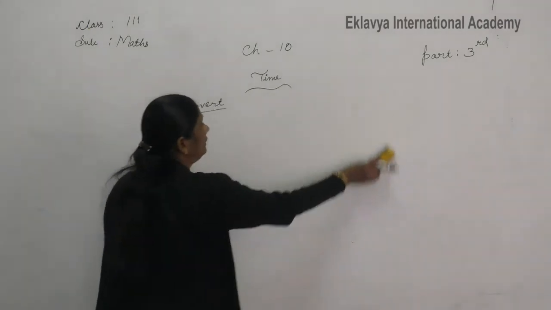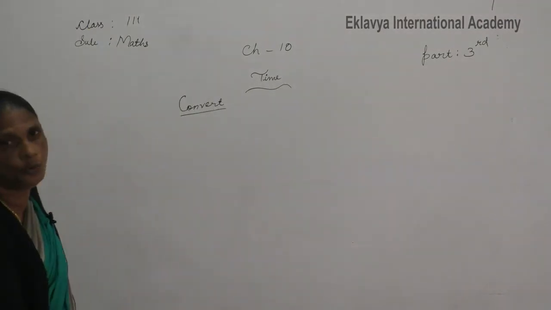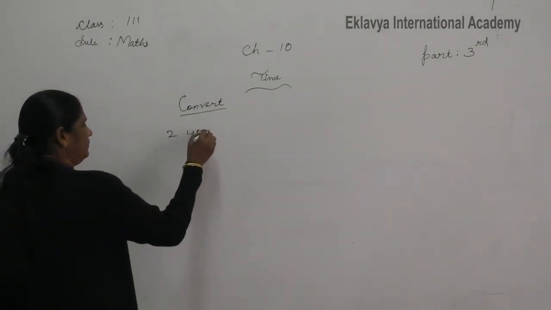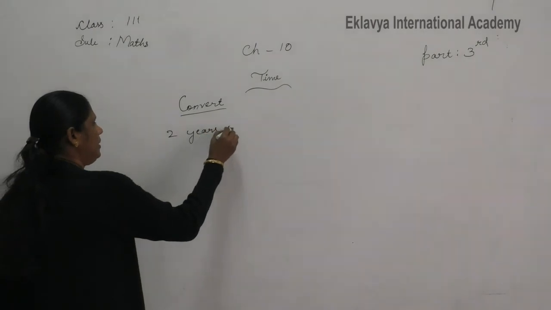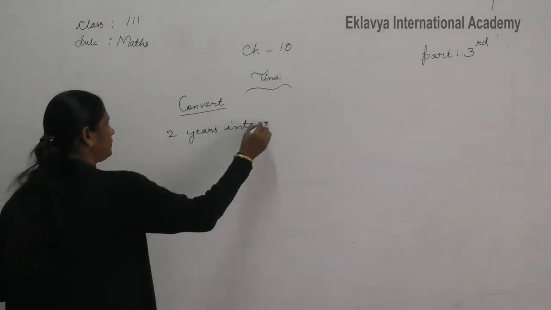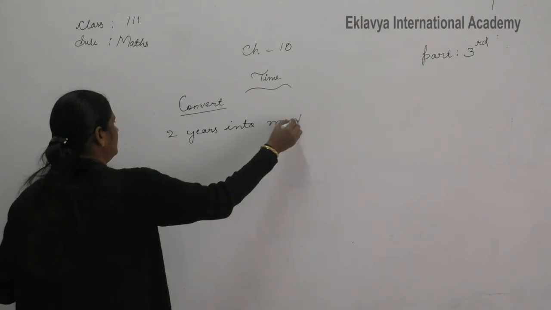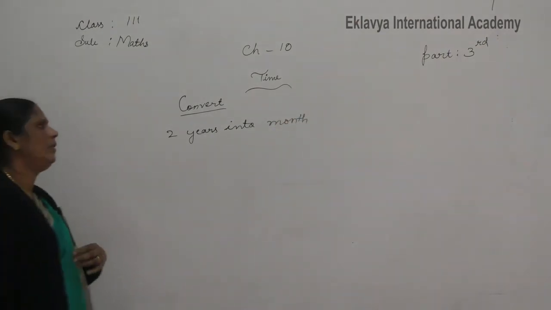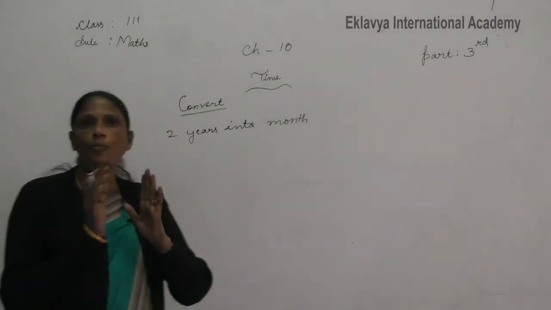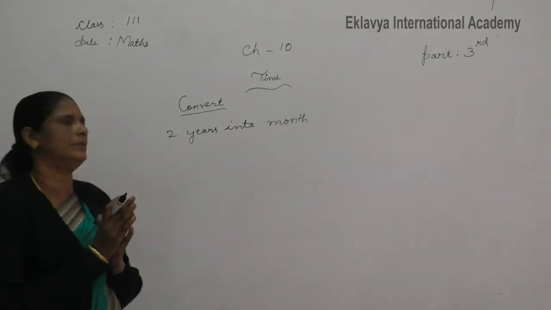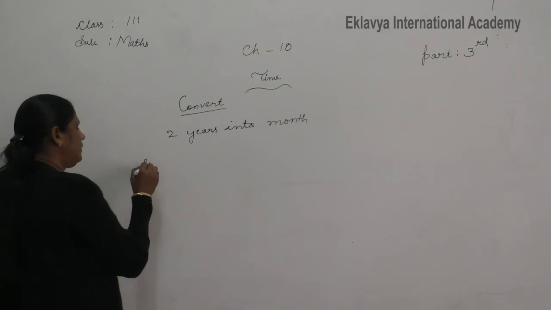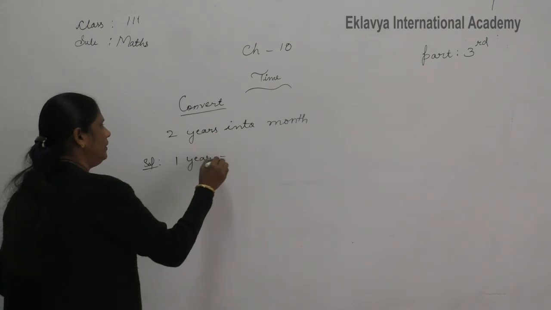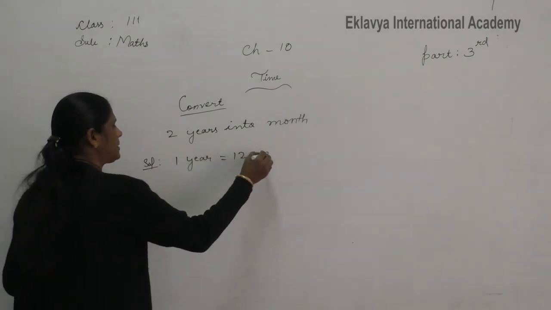Now, year into month. How to convert years into months? 2 years into months. 1 year is equal to how many months? 12 months. Then solution: 1 year is equal to 12 months.